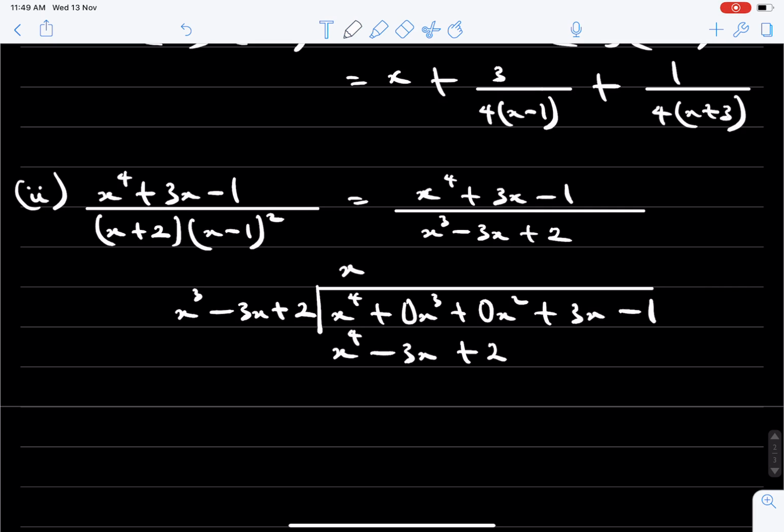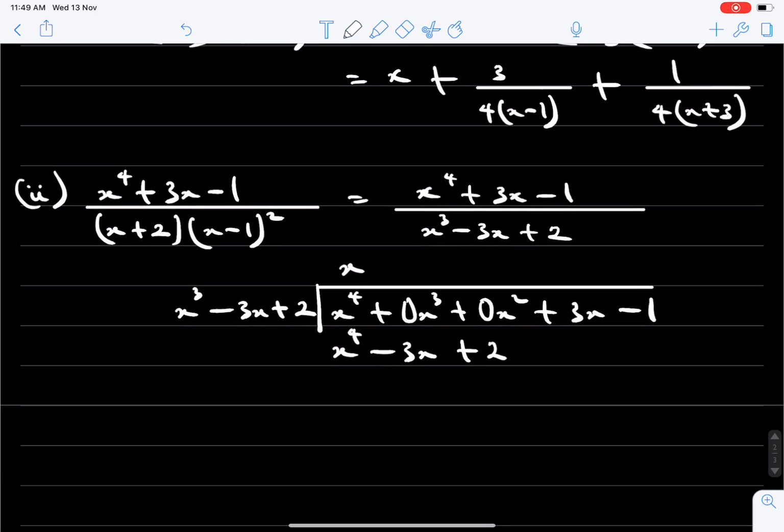That's x raised to the power 4 minus 3x squared plus 2x. Then since there is no x cubed term, I'm going to write plus 0x cubed again, and then minus 3x squared, plus 2x. This is just for a clear arrangement.